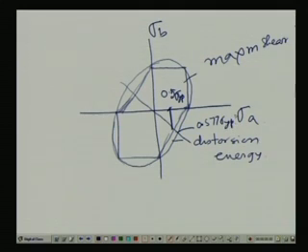So these are the two situations. You can see that from here we can say the distortion energy theory is relatively less conservative compared to the maximum shear stress theory.